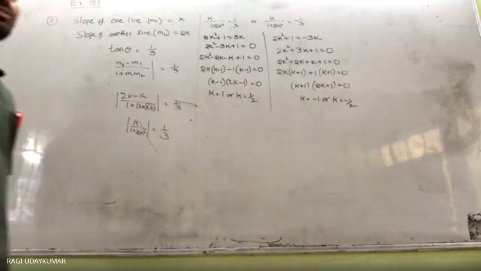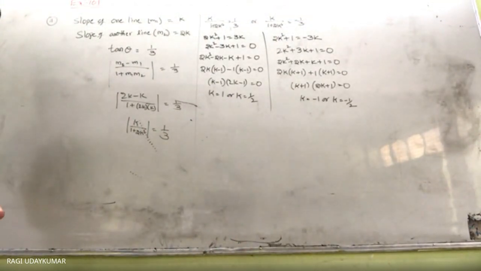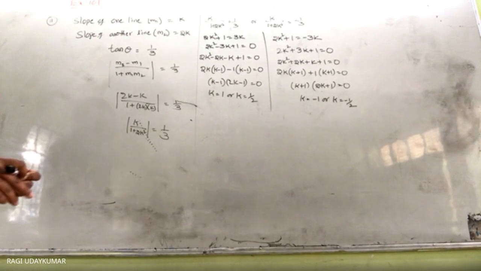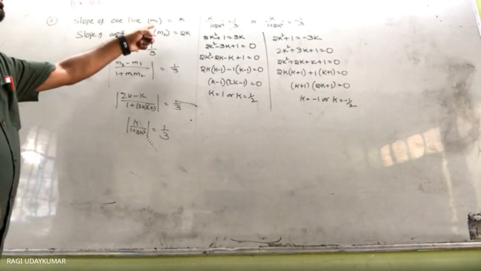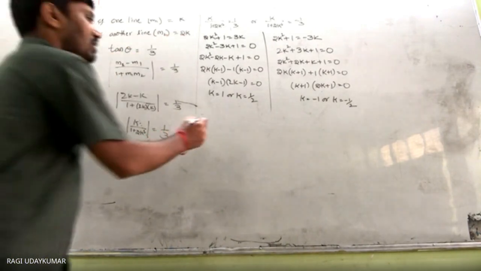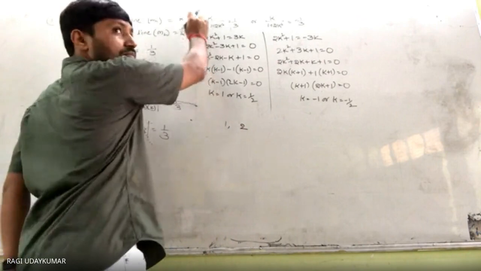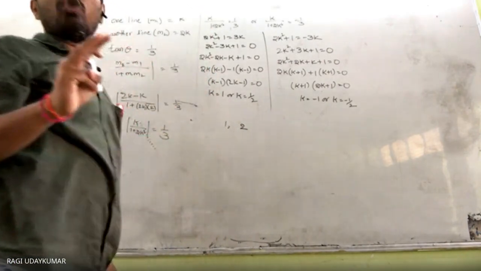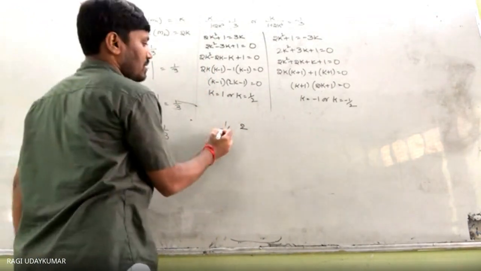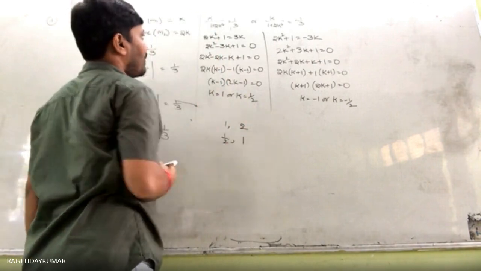So if you take k equal to 1, see here slopes are asked. K equal to 1, then another slope is 2, so 1 comma 2. One situation, slopes. Another one, if you take 1/2, then 1/2 comma 1.